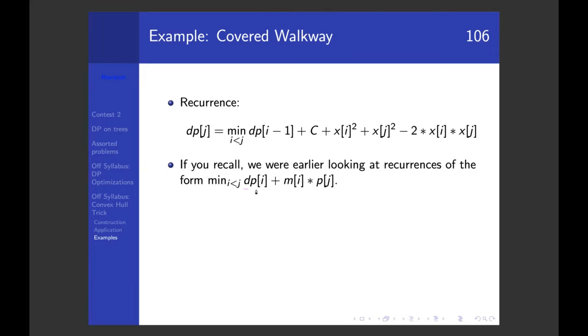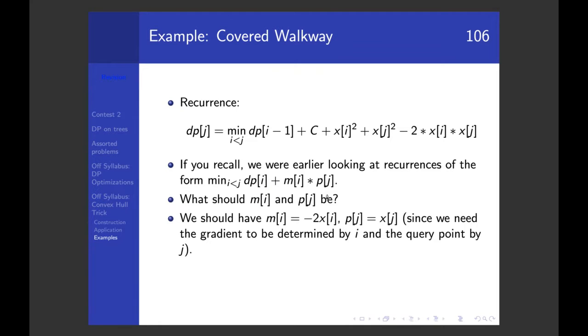We want to find recurrences that look like this. Notice that if we set m_i to be negative 2x_i and p_j to be x_j, then we have an equation of the form y equals m times x plus c, and c is just everything left over that depends on i. So c is this plus this.